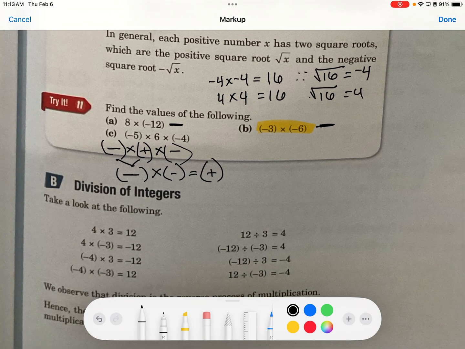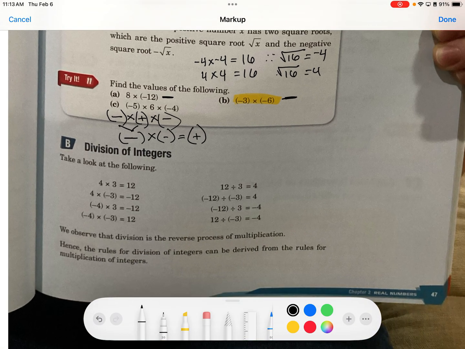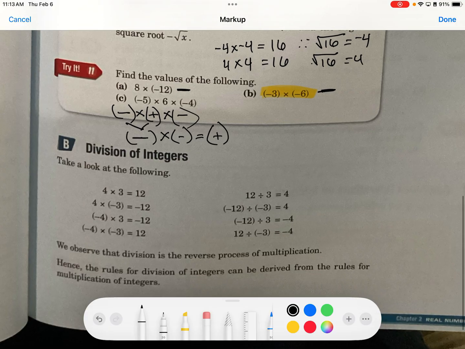120. All right, so moving right along, let's look at the division of integers. Okay, so you're going to find it looks a lot the same. 4 times 3 equals 12. 4 times -3 equals -12.